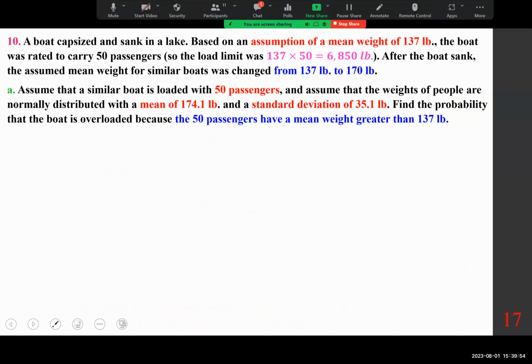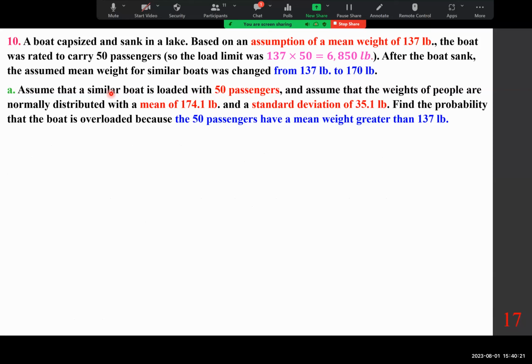A boat capsized and sank in a lake. Based on an assumption of a mean weight of 137 pounds, the boat was rated to carry 500 passengers. So the low limit was 137 multiplied by 50 equals 6,850 pounds. After the boat sank, the assumed mean weight for similar boats was changed from 137 pounds to 170 pounds.